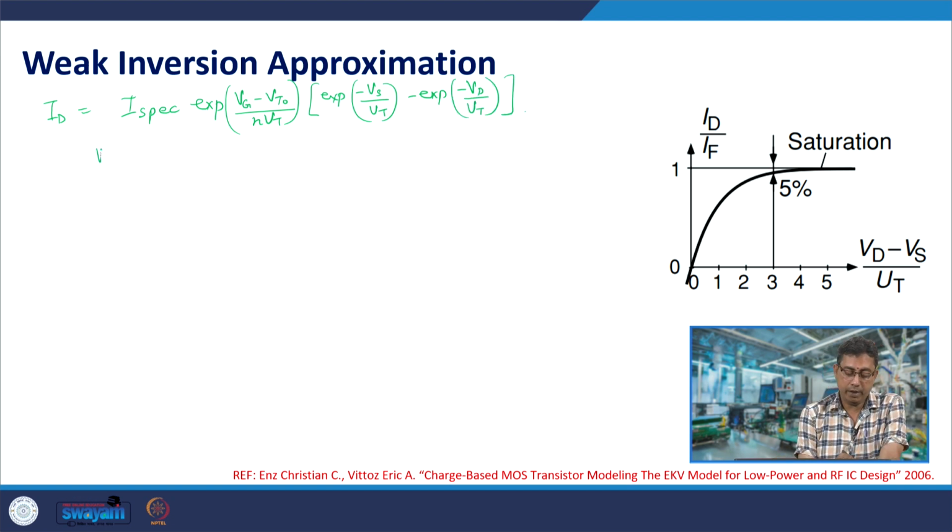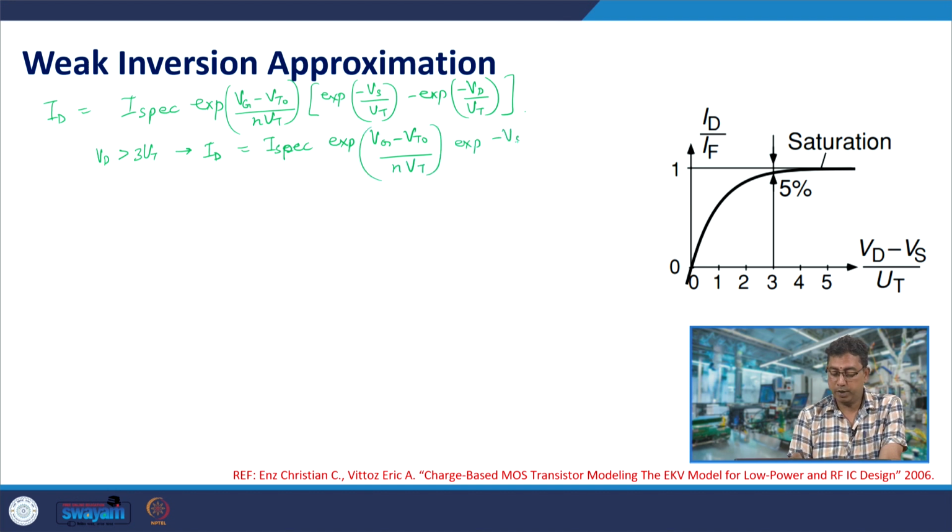Suppose Vd is larger than 3 Ut, what would happen to the reverse current? It would vanish, and I would be I specific exponential Vg minus VTO by nUt into exponential minus Vs by Ut.